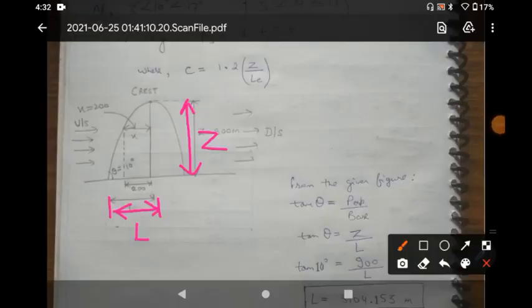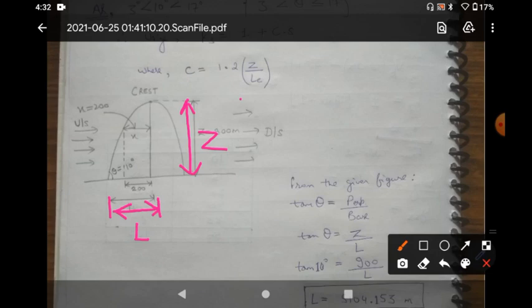Now we will consider the ratio of the bigger dimension and the smaller dimension. We will equate them. Here you can see the bigger dimension, that is Z, for the vertical dimension, and the bigger dimension, that is L, for the horizontal direction.